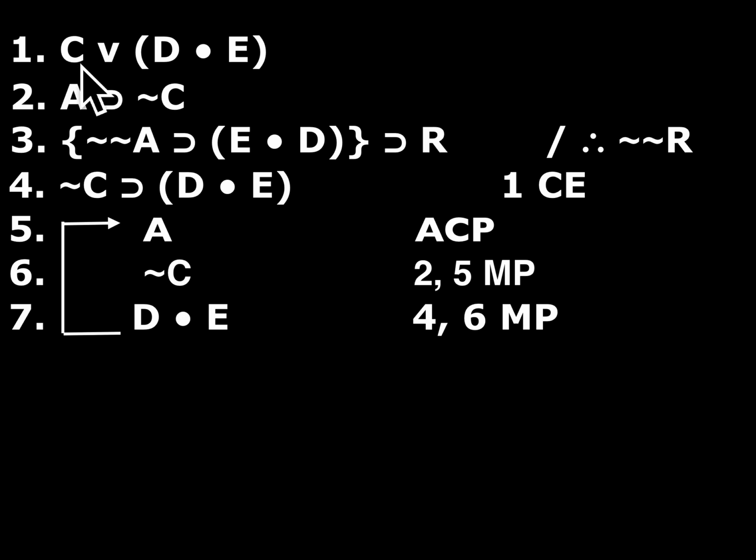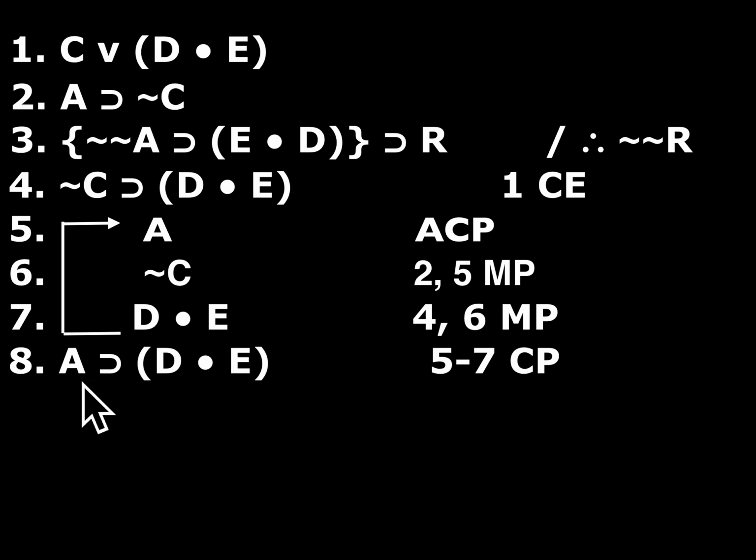I have the negation of the first disjunct, derive the second disjunct. This is another illustration of how there's an infinite number of ways to correctly do any proof. In any case, I assumed A and derived D and E, so I get the conditional if A, then D and E.